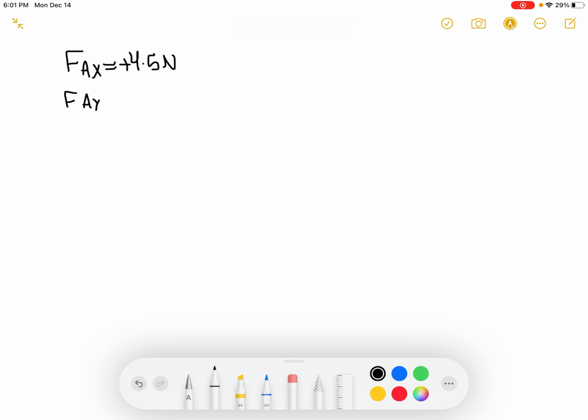The y component of vector A was negative 7.8 newtons. The x component of vector B was negative 4.5 newtons. And like with vector A, the y component was negative 7.8 newtons. That's what we know. So what can we do?